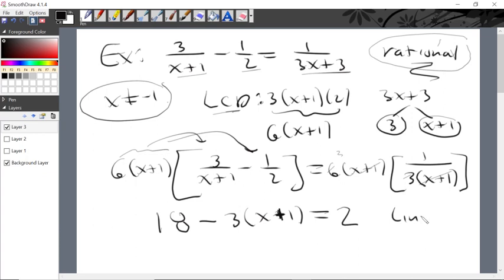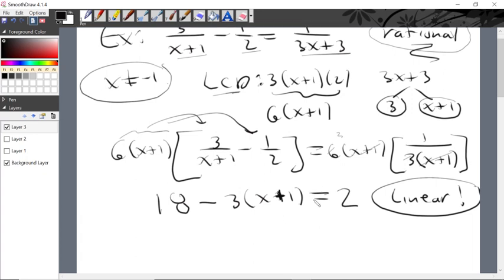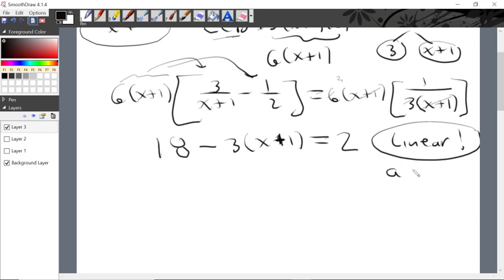This is now a linear equation that we have formed. And we know how to solve every linear equation, so we've already talked about that. This linear equation can be written in the form ax plus b is equal to 0. And if we can write it in that form, we know we're just 2 steps away from solving it. So this is certainly solvable.